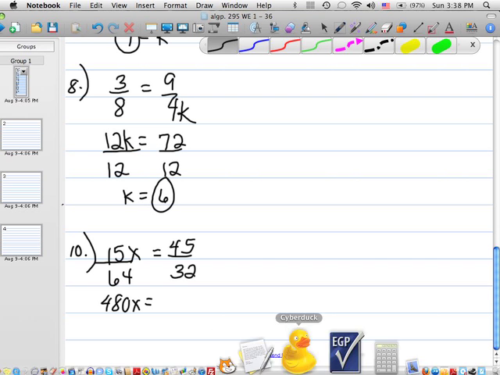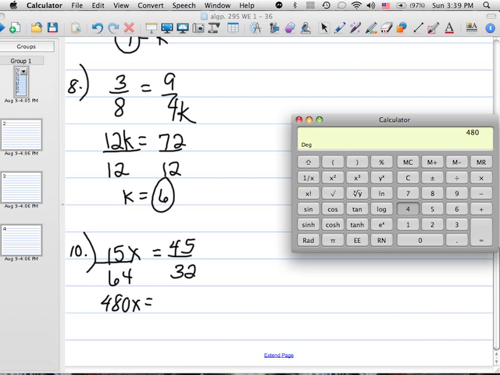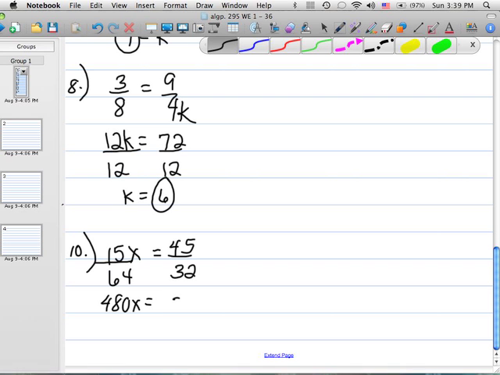And 45 times 64, which is 2,880. Divide both sides by 480. We can drop the end zeros.